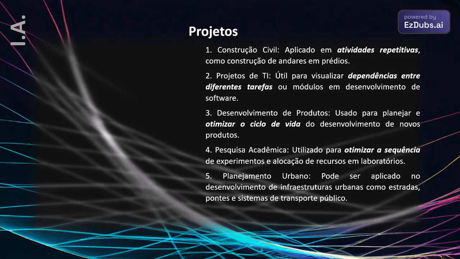Product development, used to plan and optimize the life cycle of new product development. 4. Research. Academic research, used to optimize the sequence of experiments and allocation of resources in laboratories. 5. Planning. Urban planning can be applied to the development of urban infrastructure such as roads, bridges, and public transport systems.